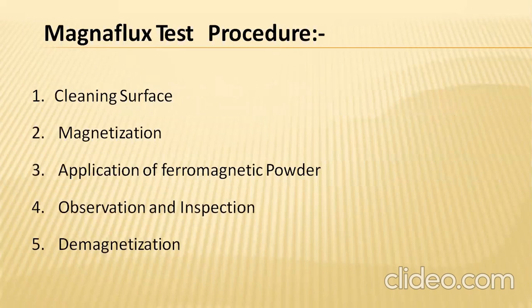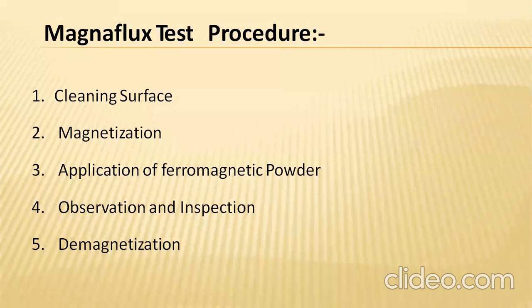Coming to the Magnaflux testing process, it is also related to the dry testing process in the course of this magnetic scenario. Cleaning of the object which needs to be tested is compulsory. Then the object is magnetized so that magnetic properties such as polarities are infused within the material, which makes it better for the inspection technique.